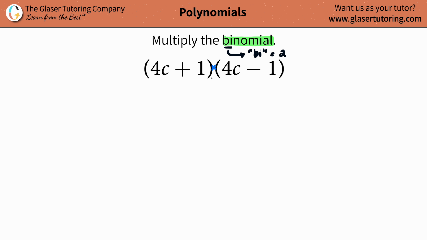But now this one is pretty interesting, because if I analyze these binomials, I will notice that the first term for both of them, 4c, is the same. And the back terms for both of them, without the sign, are the same.